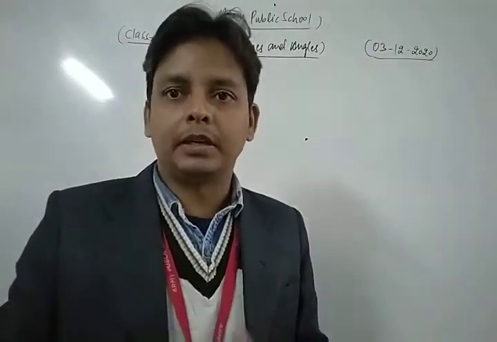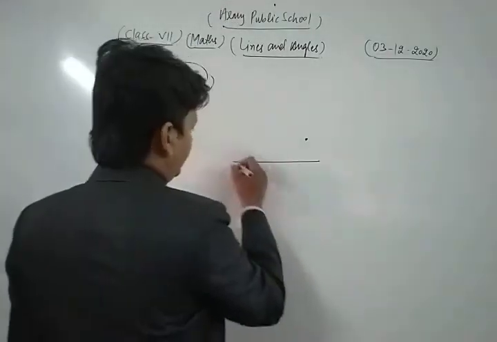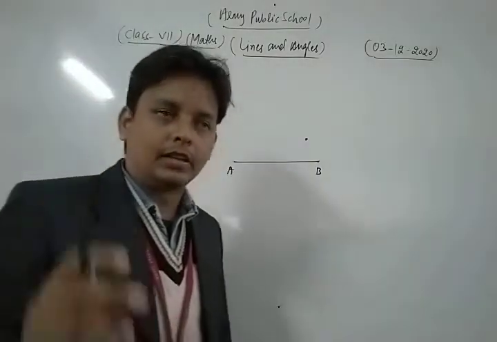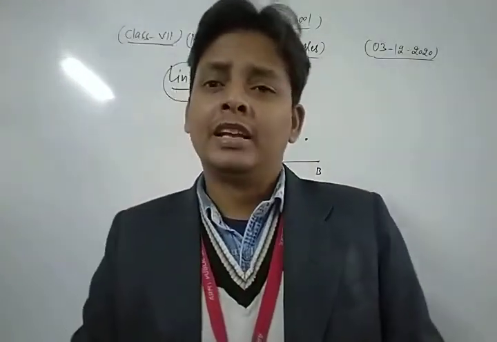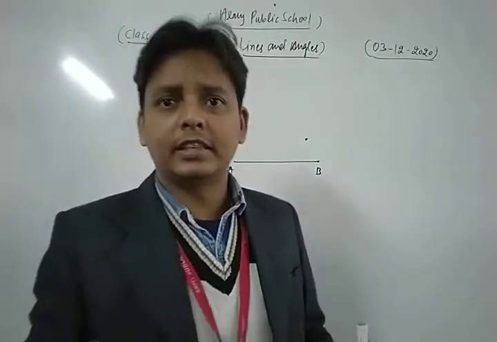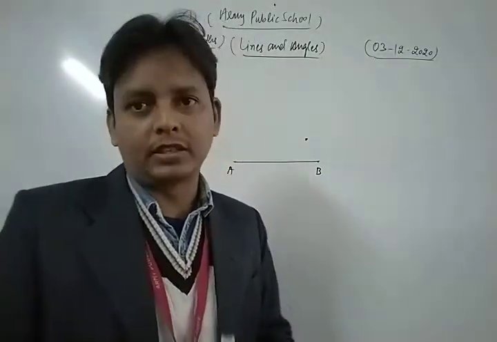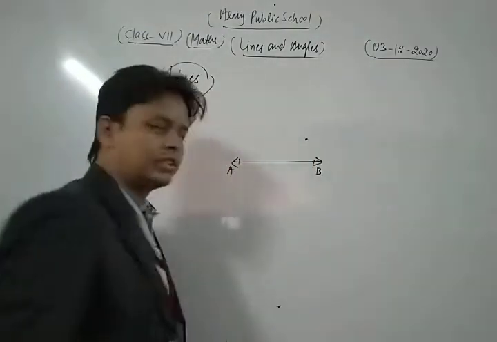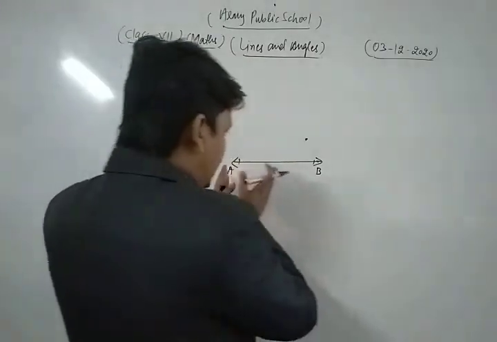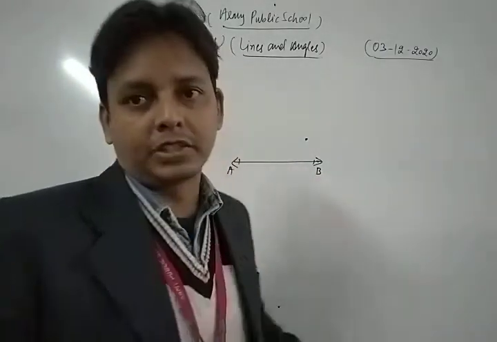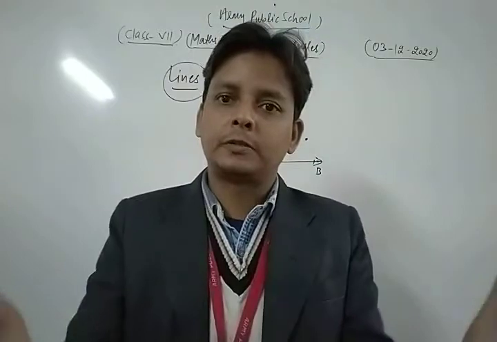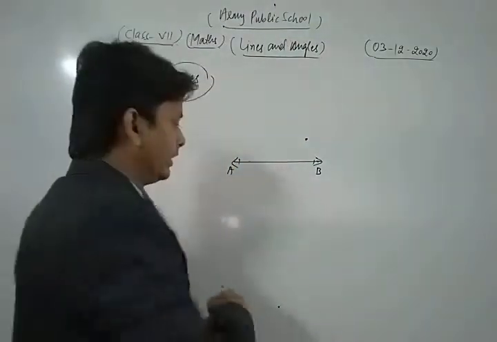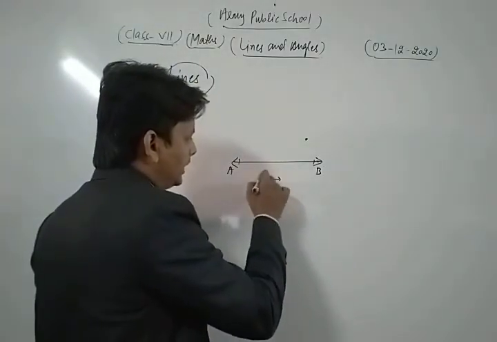If any line segment extends in both directions, and we apply the arrow sign in this way, then it is said to be a line, and it is denoted in this way.